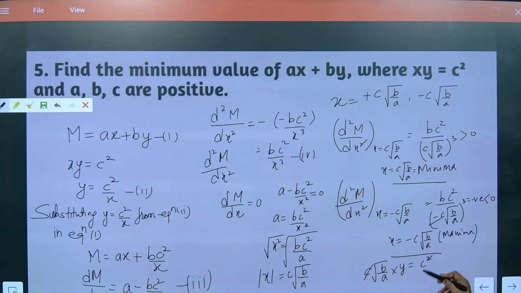Simplest beta. C and c will get cancelled. So y will be equal to c by root under b by a. So it will come c into root under a by b. So x value will be c root under b by a, y value will be c root under a by b. So minimum is this, positive value is minimum.